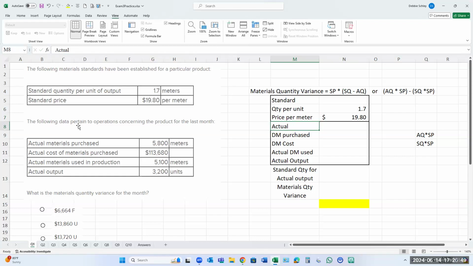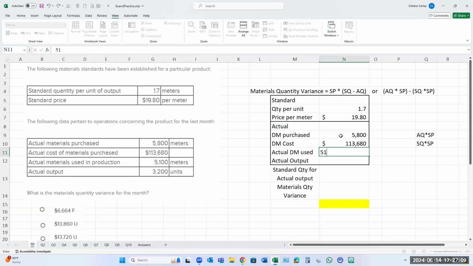The following data pertain to operations concerning the product for last month. So actual material purchase was 5,800 meters. Direct materials cost actual, 113,680.